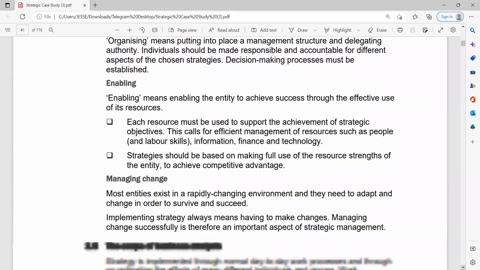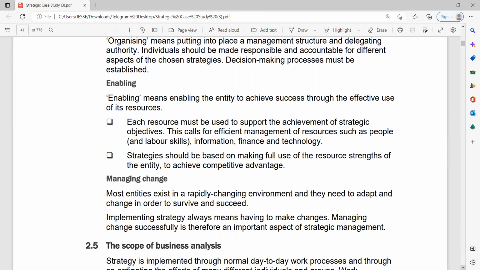Now let's move on to enabling. Enabling simply means enabling the entity to achieve success through the use of resources. I'm sure you've heard the term enabling resources, because it's the resources that enable you to action out or implement what you've chosen.